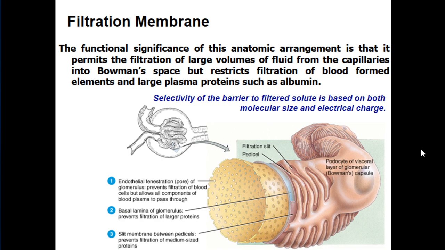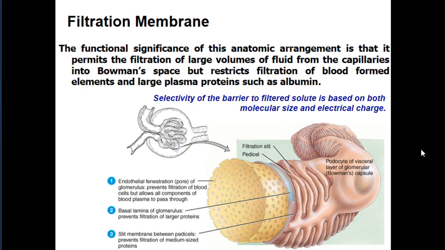Now, filtration membrane, what's the functional significance of this structure? It is that it permits the filtration of large volumes of fluid from the capillaries into the Bowman space, but it restricts filtration of blood-formed elements and large plasma proteins, such as albumins.